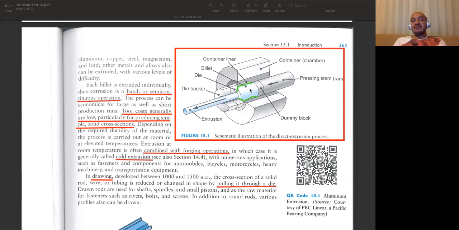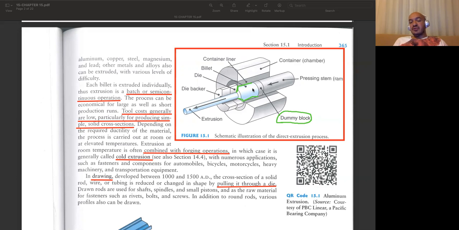So you need to find some ways to decrease the amount of friction, and with the help of that, you will be increasing the overall quality of resulting shapes. Another thing I should mention in direct extrusion is the dummy block here. You'll see in between the workpiece and the ram, we have an extra material here. Why are we using this one?